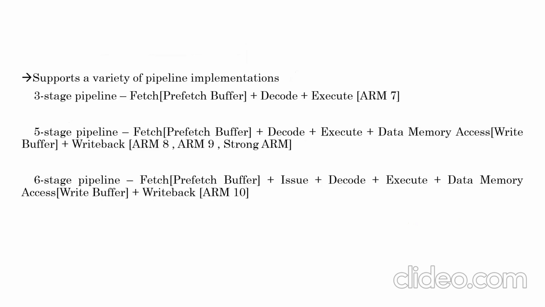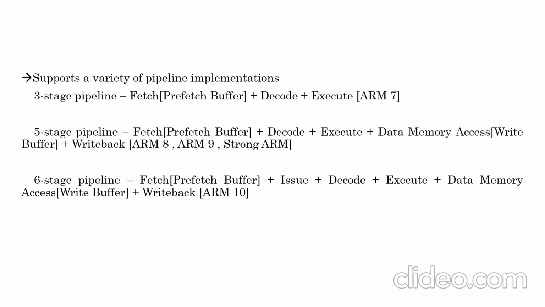So the temporary location which is going to hold the prefetched instruction is called your prefetch buffer. Similarly, a write buffer means the arithmetic logic unit will be performing an arithmetic or a logical operation, and it will be generating a result. That result will be temporarily stored within a write buffer before being transmitted to the data memory. So a write buffer or a prefetch buffer are temporary small memory locations for holding instructions or data.